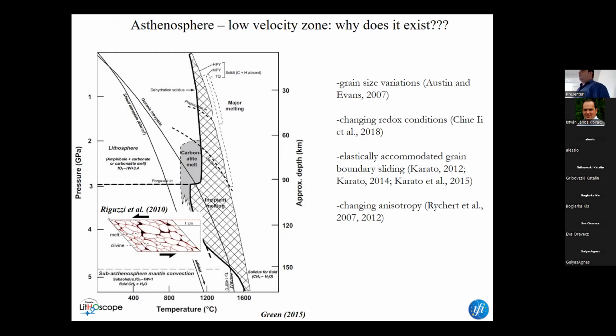So again, the take-home message is that there is still a lot to do in experimental petrology and also in geophysics to understand what the lithosphere-asthenosphere boundary is. And in the previous talk, Nóri did a great job demonstrating how complicated it is. We are still uncertain whether we are beyond the resolving capacity of the receiver function to be able to answer this question.